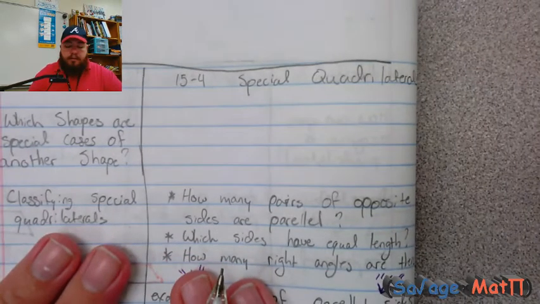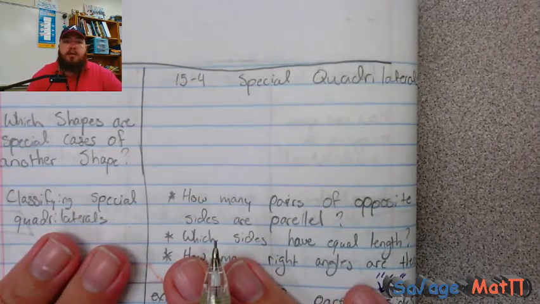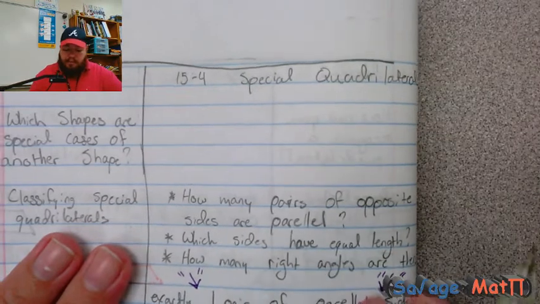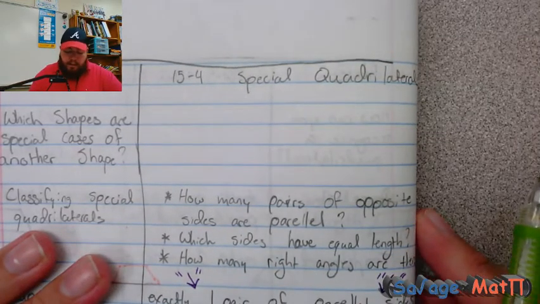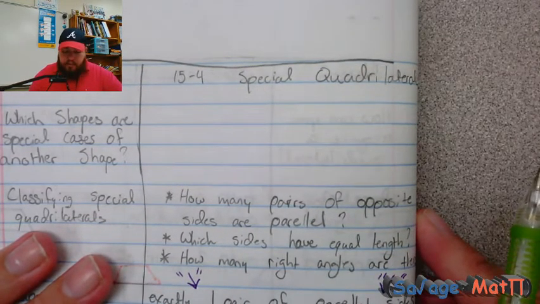And I'm going to answer my essential question on 15-4. What shapes are special cases of another shape? One example I'm going to choose is a square.